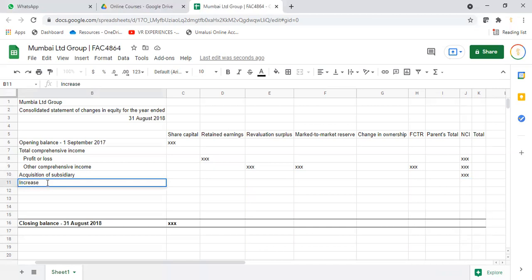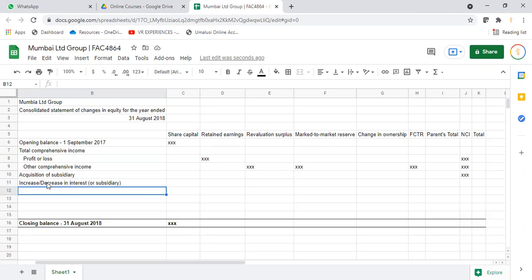Next, we can have increase or decrease. In our case, we have a decrease, increase or decrease in subsidiary interest. This relates to a change in ownership type question where before and after you are still a subsidiary.